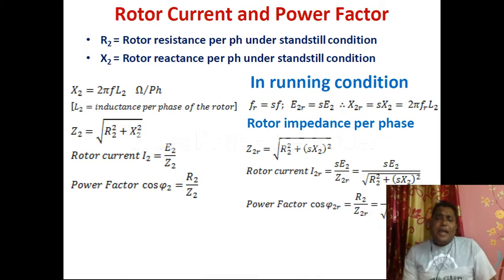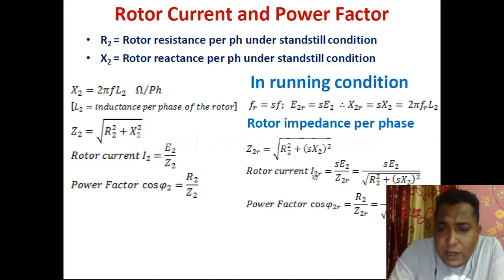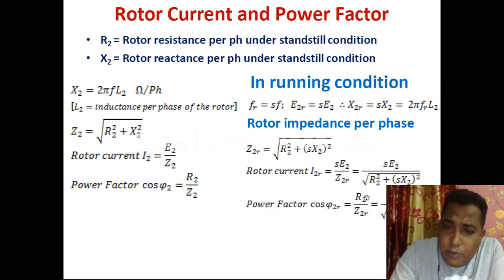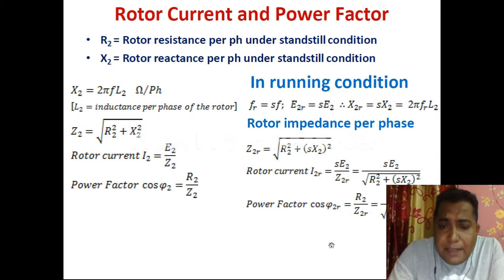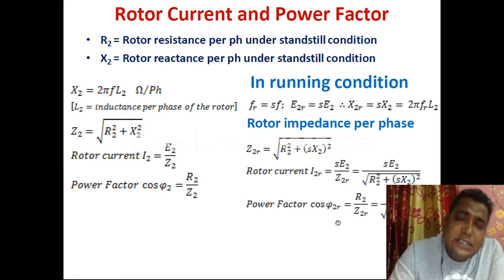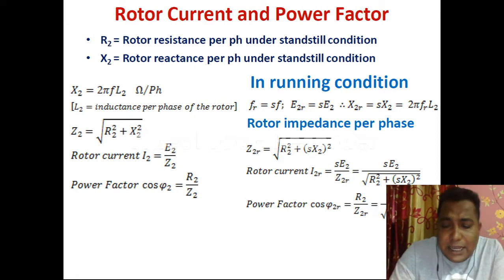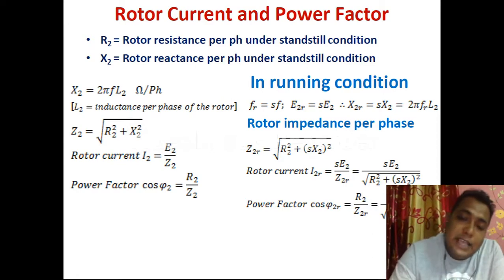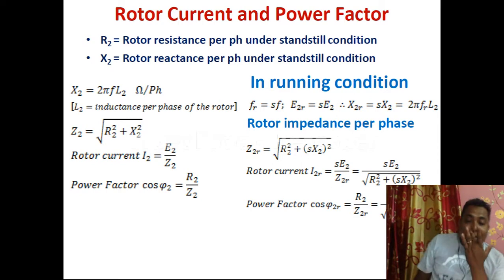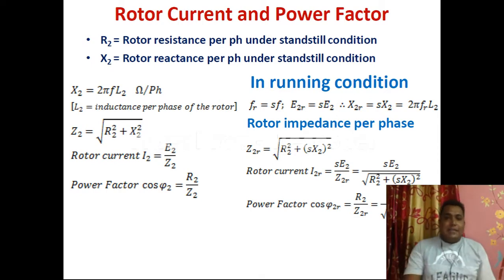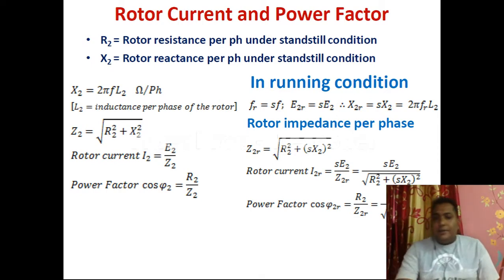The rotor current I2R is equal to S into E2 by Z2R, where Z2R is this component we have placed over there. The power factor cos phi 2R is equal to R2 by Z2R, which is R2 divided by under root R2 square plus S X2 whole square. So these are the equations at standstill condition and at running condition.